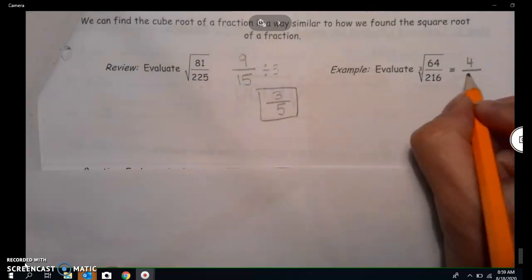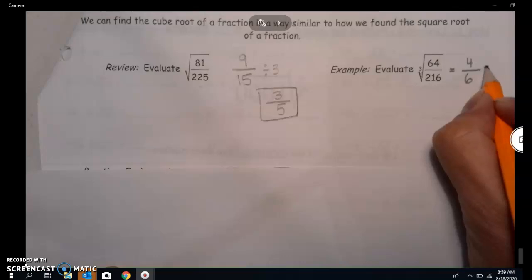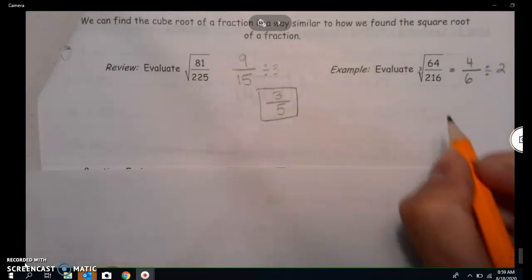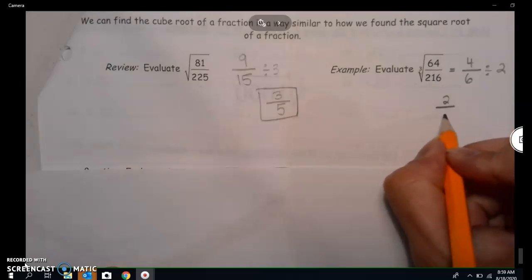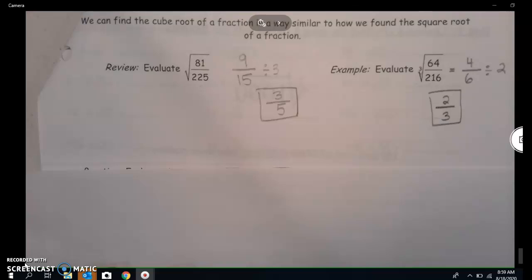Oh, that's 6. Well, now we're going to look at this fraction. Is it simplified? Nope. We have to divide both the numerator and the denominator by a 2 to simplify it down. So 4 divided by 2 is 2. 6 divided by 2 is 3. So your final answer is 2/3. So this is how we're going to work through any problem that has a fraction.